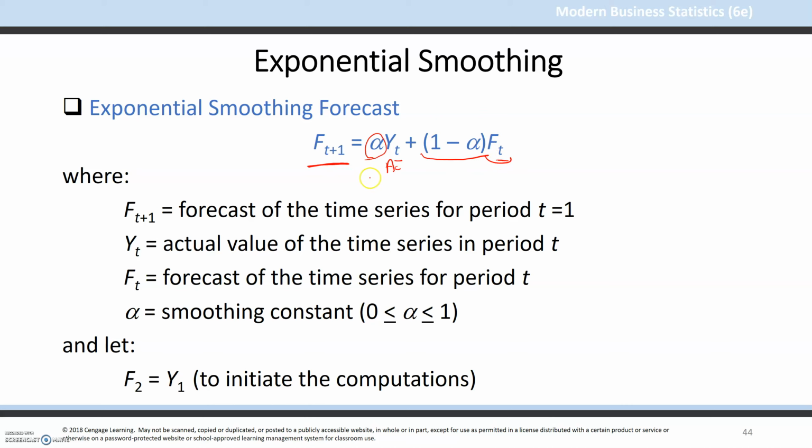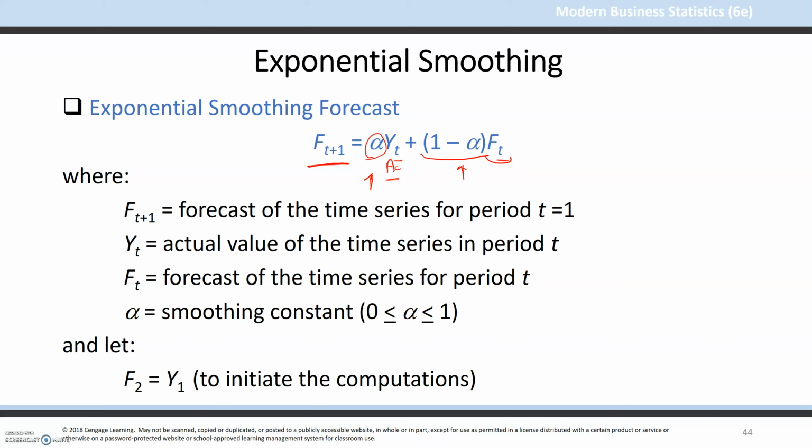So the larger the alpha, the more emphasis you're giving to what actually happened in the time period above. The smaller the alpha, the more emphasis that you'll be giving to the forecast from the time period above.